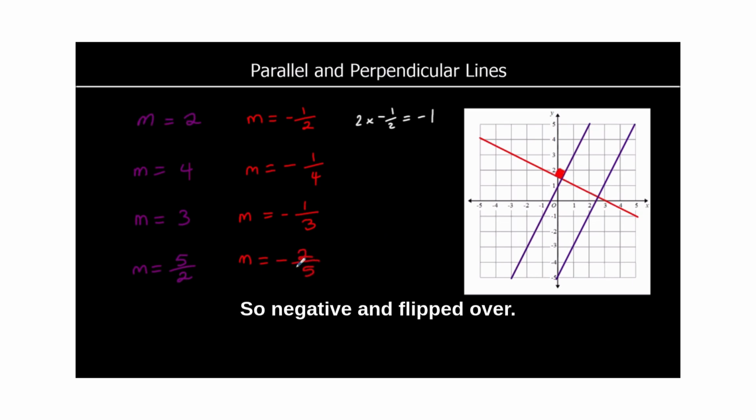So negative and flipped over. If one had a gradient of minus 4/5, its perpendicular line would have a gradient of positive 5 over 4.